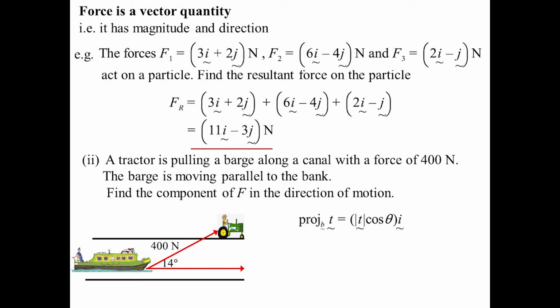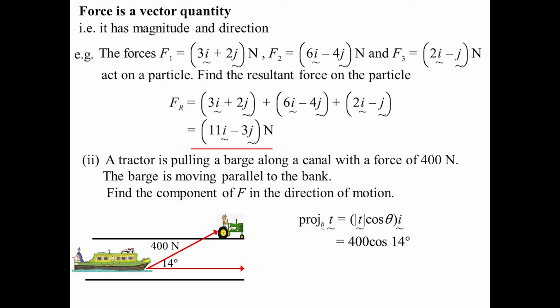So we're saying, what's the projection of, well, I've just called it T for tractor, on B for barge, and it would be the length or magnitude of our force, 400 times the cosine of theta, and that would be in the horizontal direction.